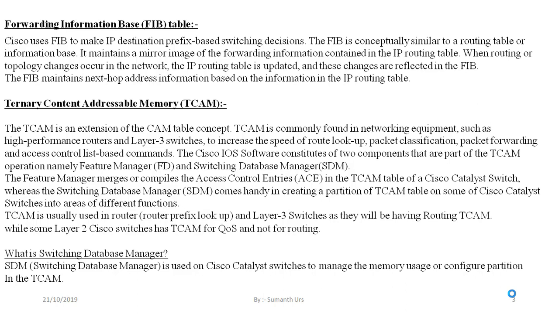The Cisco IOS consists of two components that are part of TCAM operations, namely Feature Manager and Switching Database Manager. The Feature Manager merges or compiles the access control entries in the TCAM table of a Cisco Catalyst switch, whereas the Switching Database Manager comes in handy in creating a partition of the TCAM table on some of the Cisco Catalyst switches into areas of different functions.